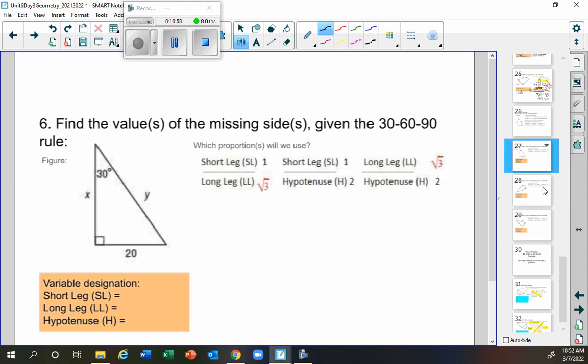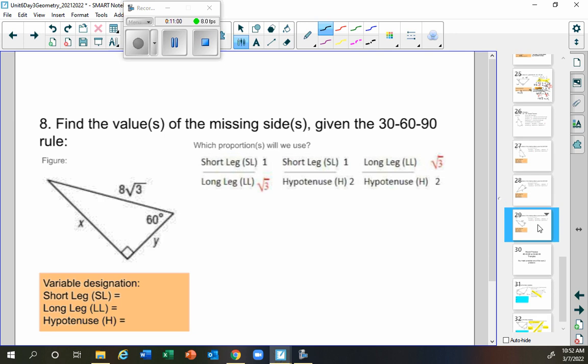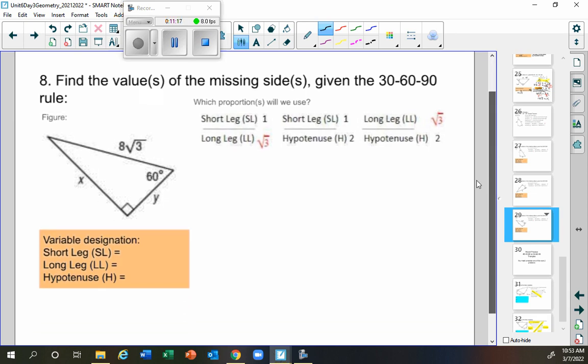Number 6, number 7, or number 8? Want to do 8? Okay, I think that might be the hardest one. We'll do number 8. If you get number 8, the other two shouldn't be too bad. All right, with number 8.